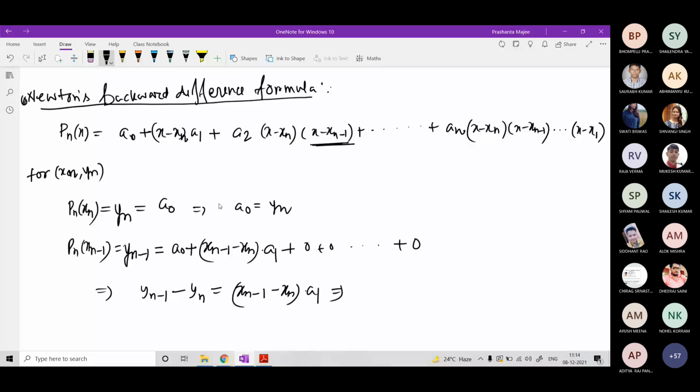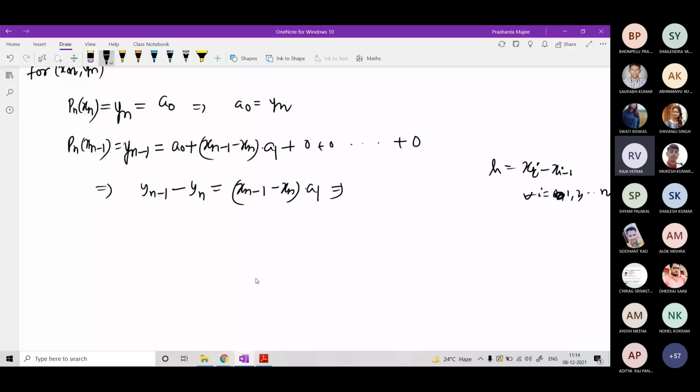We started with evenly spaced data, and the distance between two consecutive x values is h. H we assumed is xi minus xi minus 1 for all i equals 1, 2, 3 up to n. So xn minus 1 minus xn, what is that value?